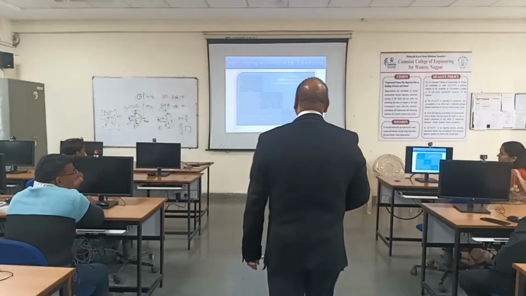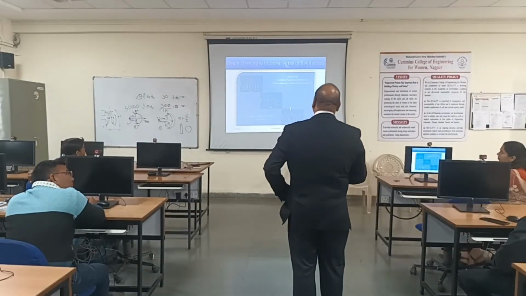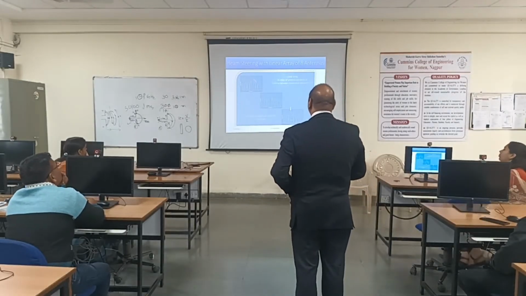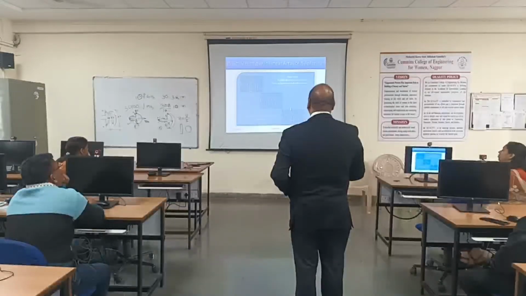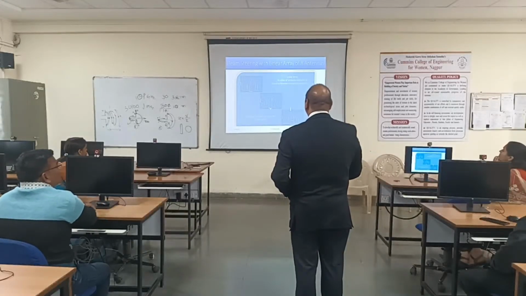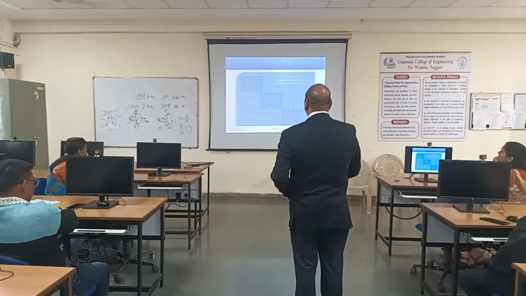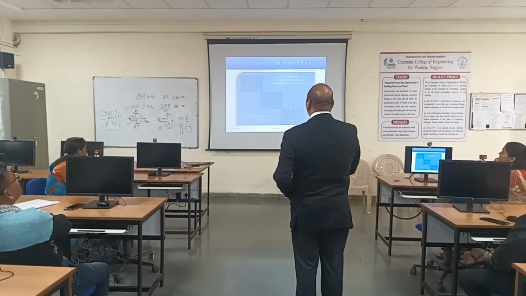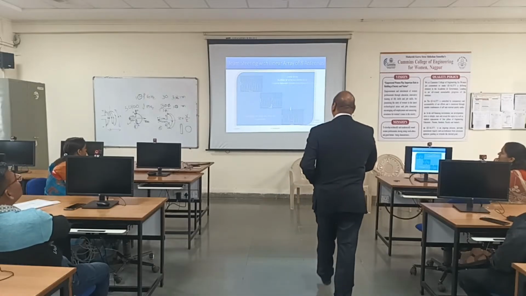Next, see for example, beam steering with a linear array, an 8-element array. If this is the 8-element linear array, the number of antennas is equal to 8. The distance between consecutive elements is lambda by 2. It will get here. Then you change the phase. It has been shifted to 30 degrees. The beam is maximum at 30 degrees. Here, the beam is maximum at 0 degrees. The beam is maximum at 30 degrees.